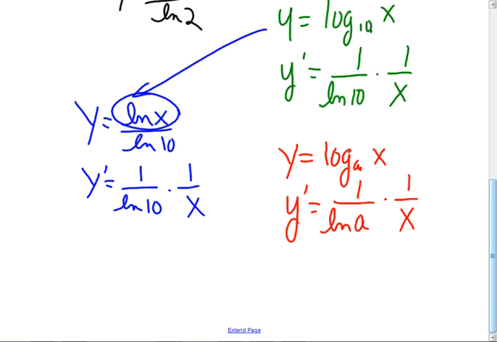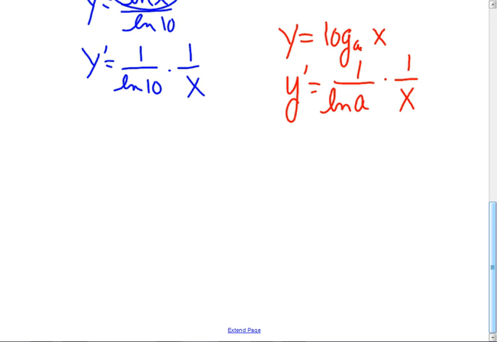So it looks a little different than a to the x. The natural log of a is in the denominator. And I get confused as to where it goes. I want to memorize it, so that's what I do. But if natural log is base e. So if I had y equals log base 3 of x squared minus x, what about that one?